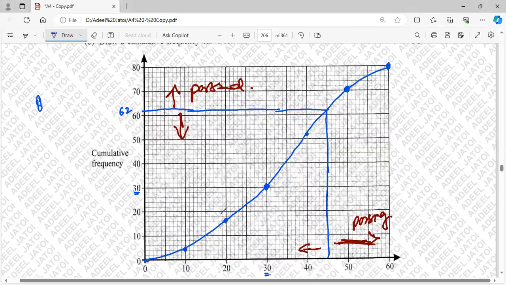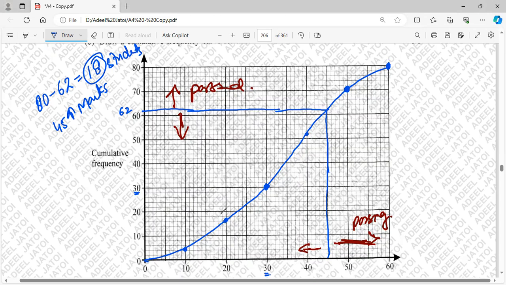So we'll make sure out of total, we subtract 62. That means 18 students were there who passed the examination with 45 marks and above. How many students were there? 18 students were there who actually passed the examination with 45 marks and above.